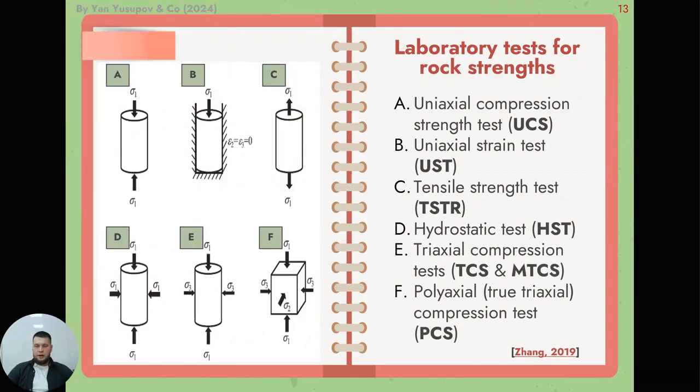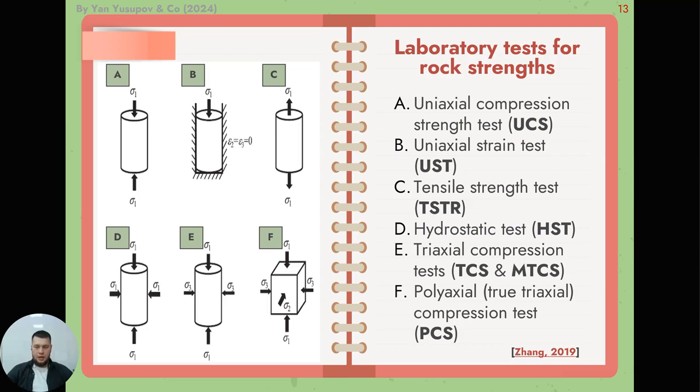You see here different types of laboratory tests that can be used to obtain strength properties. The figure shows 6 typical laboratory tests, the more important laboratory tests, and let's discuss them below.